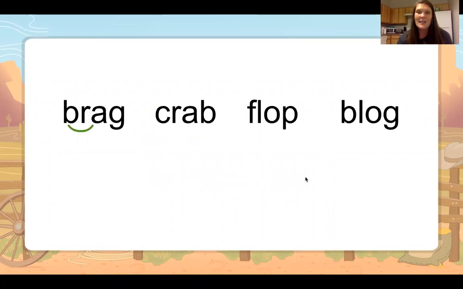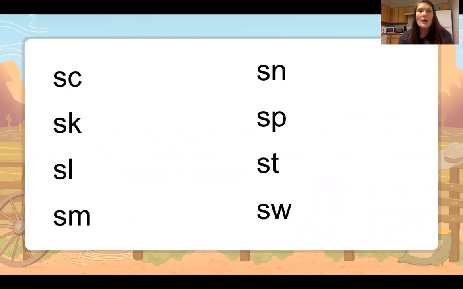All right, so we mark our blends with an arc because it's a unit, and we mark our vowels with an X. Okay, so our S blends are here. We have SC, SK, SL, SM, SN, SP, ST, and SW. I want to go real quick and just talk about SC and SK.